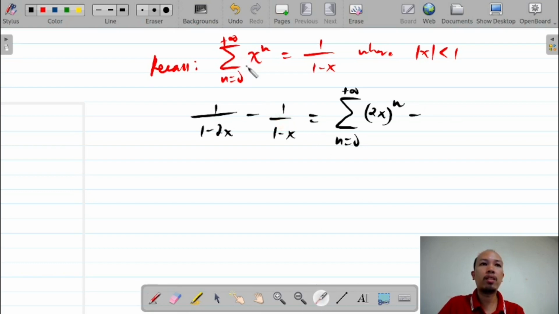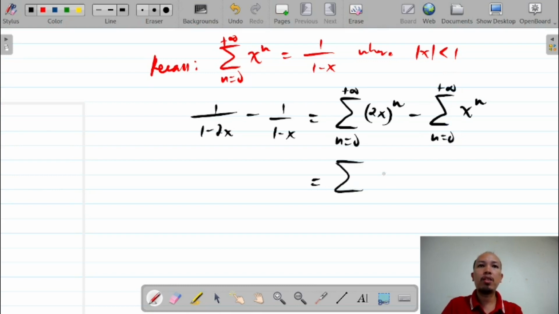That one is just this one, right? So just copy the summation of x to the n, n starts from 0 to positive infinity. Okay, simplify. So we have the summation of 2 to the n x to the n, just copy, n starts from 0 to positive infinity.